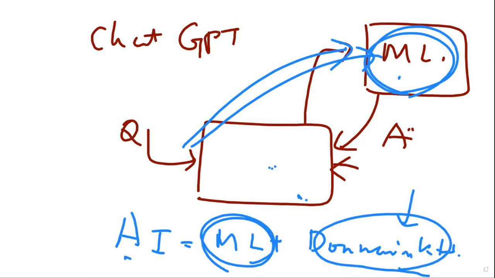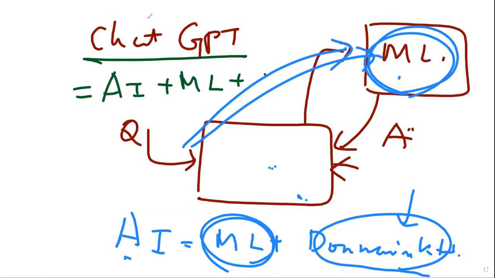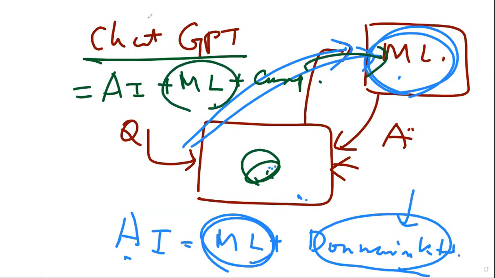So it's still a translation, but ChatGPT equals AI plus machine learning plus compiler. Compiler is in the middle to do translation, and the machine learning picks up the past patterns to do it. So even this field is an extension of the compiler.